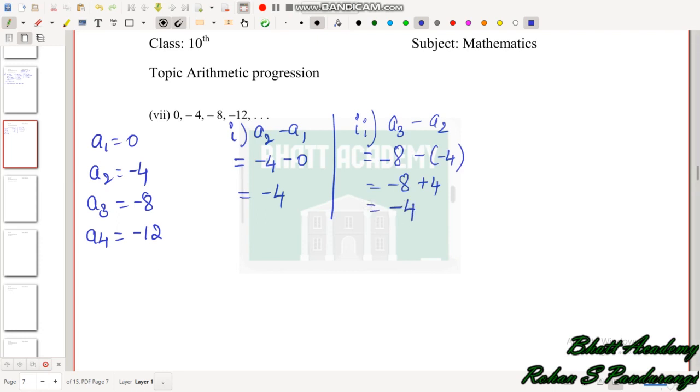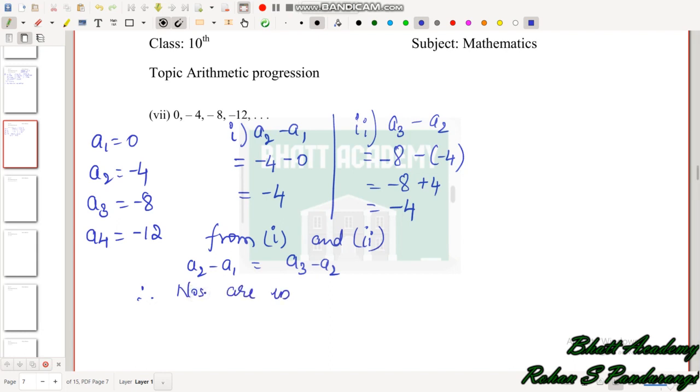So from 1 and 2, A2 minus A1 is equal to A3 minus A2. Therefore numbers are in arithmetic progression with common difference D to be minus 4.